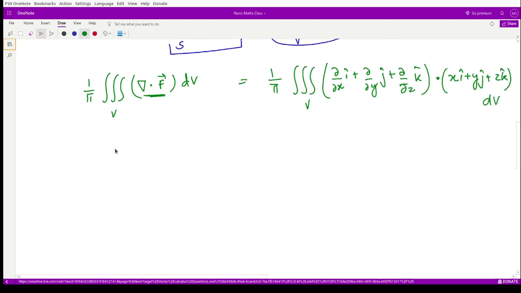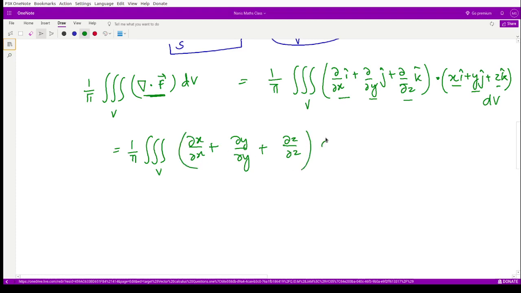So when you perform this dot product, you will have the component of i multiplied by the component of i. So del x by del x plus the component of j multiplied by the component of j, so del y by del y, plus the component of k multiplied by the component of k, so del z by del z. So this quantity into dV.